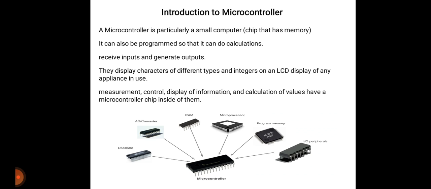So the gadgets which need processing, like measurement, control, display of information and calculation of values, have the microcontroller chip inside them. In today's world they are present in most of the devices which we use at home and in workplaces. So these are the basic things related to the microcontroller.